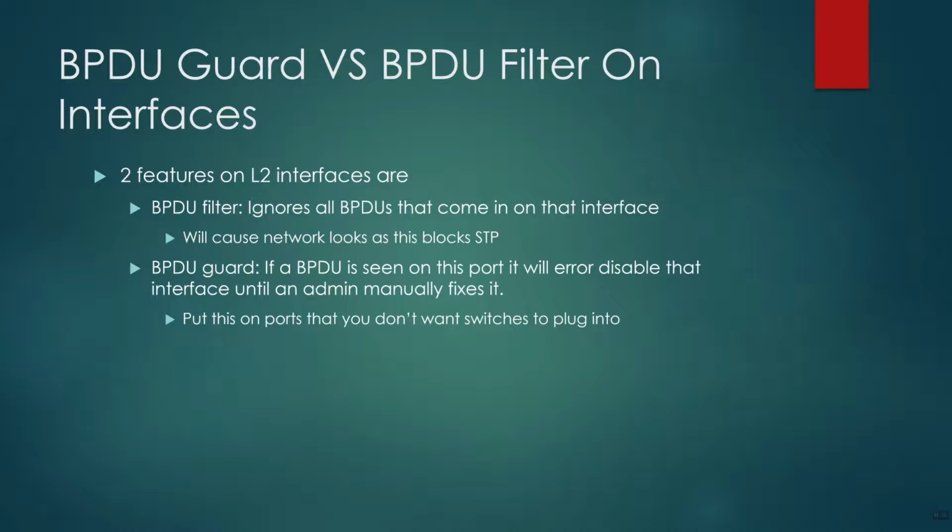BPDU guard, if it sees a BPDU come in on that port, the port will just error disable, and that port will be down until an admin comes in and manually fixes it. You put this on a switch, on a port that you don't want a switch plugged into. Very different, and I've seen this mess up a lot of things. So I wanted to go over that in particular.